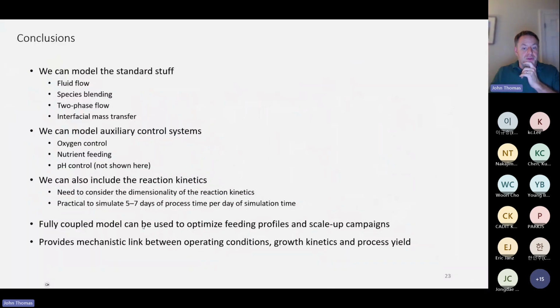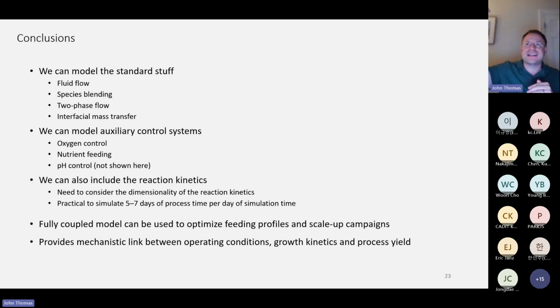This fully coupled model can be used to optimize feeding schedules as well as simplify scale-up campaigns. Again, we're not changing the physics between runs because the physics we appeal to are first principles. And again, we have a mechanistic roadmap here. It's not a dark art. It's not a black box.